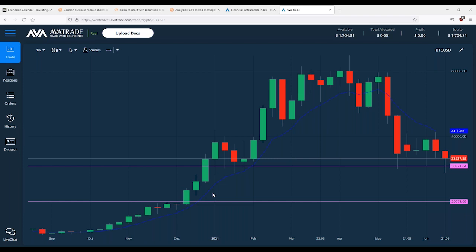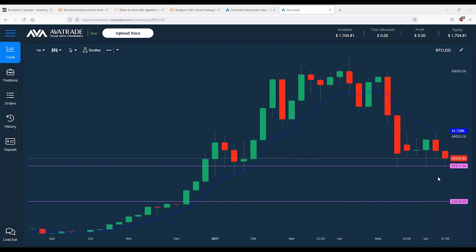But the history is there on the charts that once it broke below this 30,000 line, here's the recent dip below 30,000, this wick right here, it looks like it could have a clear path down to 20 if it breaks below 30 again, let's say this week or next week.